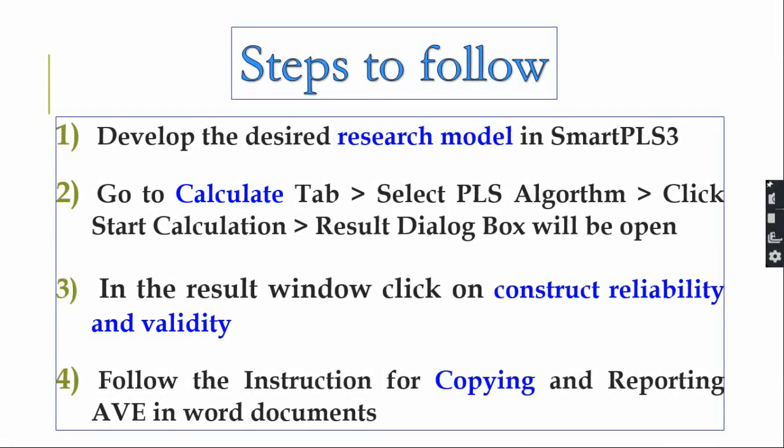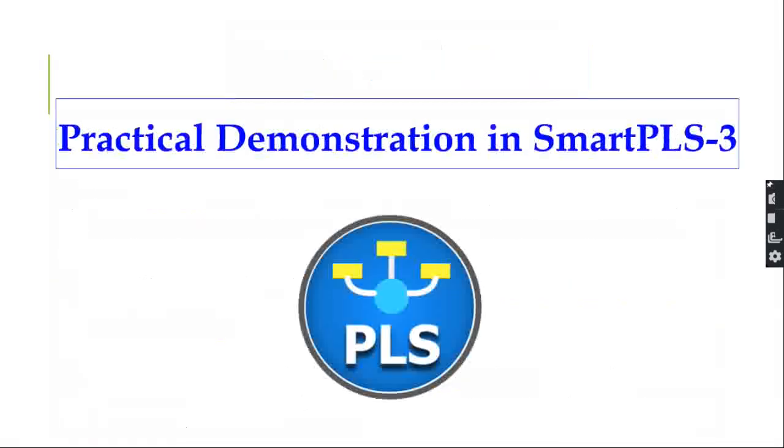A dialog box will open. In the result window, click on the Construct Reliability and Validity tab. After that, we follow some instructions for copying and reporting AVE in a Word document to complete our dissertation, thesis or article formalities.